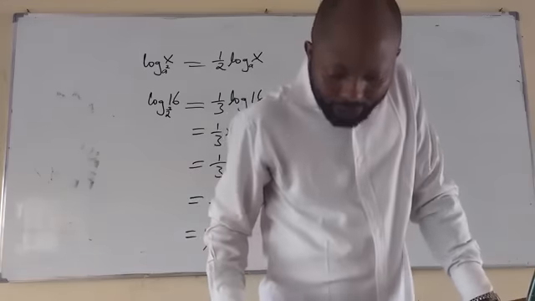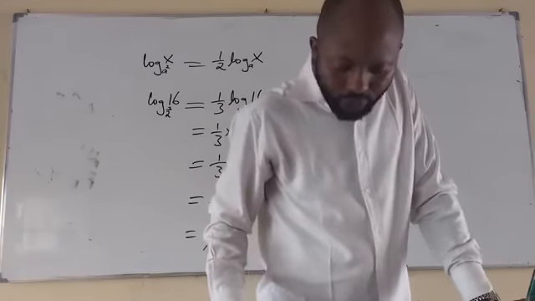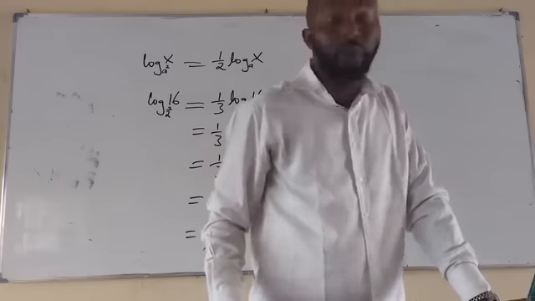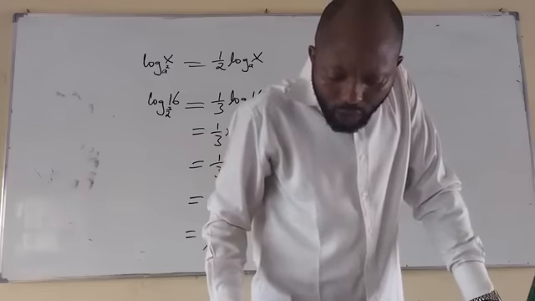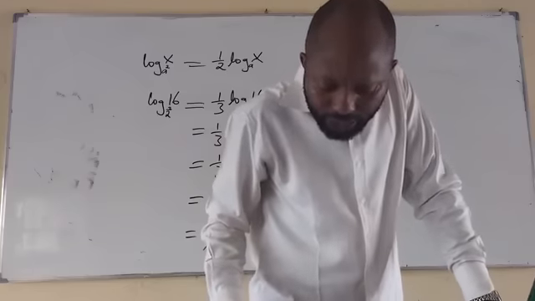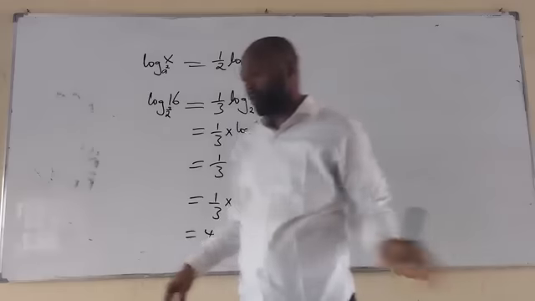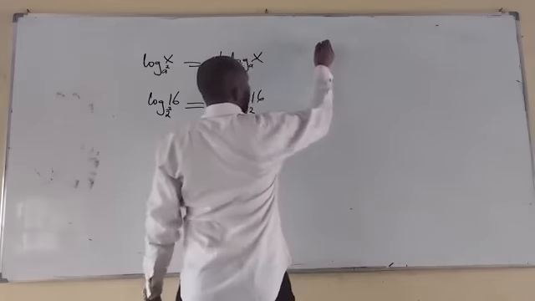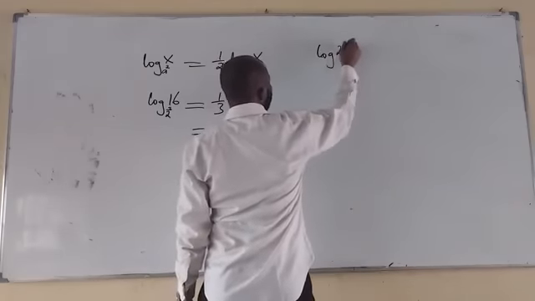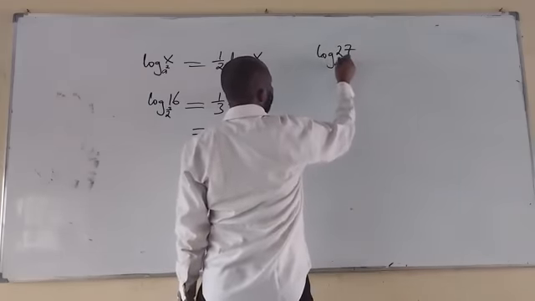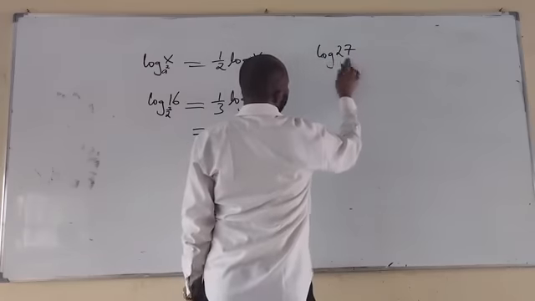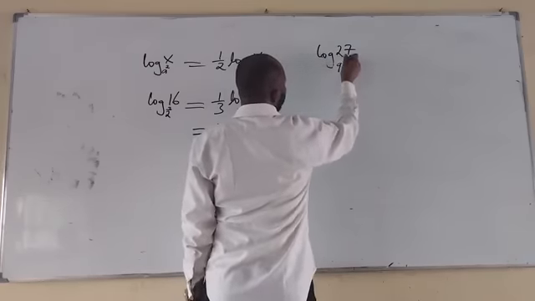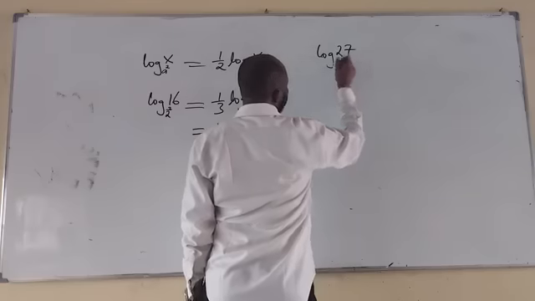Okay, let's take one more example on power of the base before we move on. Now another one, log 27 in base 9 raised to the power half.